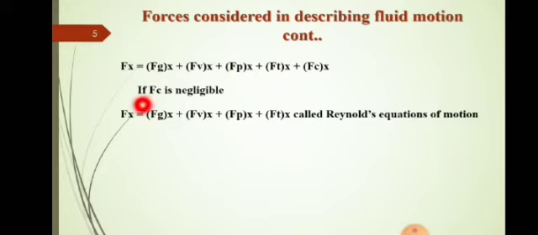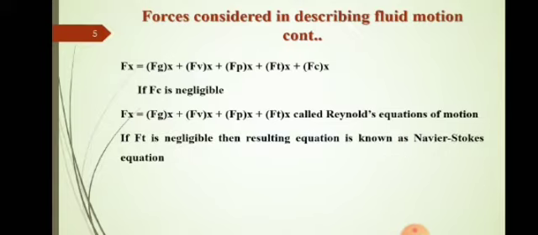Now if Fc is negligible, so Fc is the force due to compressibility, the fluid getting compressed and the force exerted because of the compressibility is a very small quantity and it is negligible. So the equation takes the form Fx is equal to Fgx plus Fvx plus Fpx plus Ftx, and this equation is known as Reynolds equation of motion.